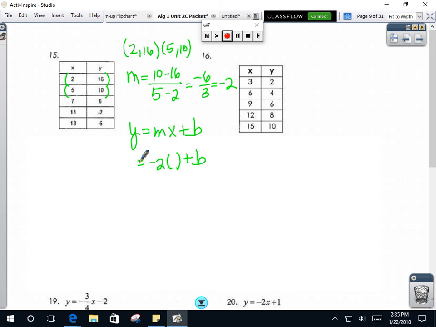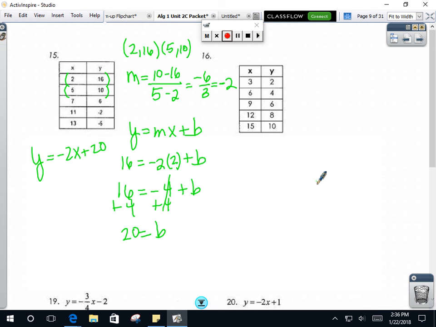What do you want to replace them with? Okay, if I pick 2 and 16, 16 is the y, 2 is the x. That becomes 16 equals negative 4 plus b. And then what do I do? Add 4, so b equals 20. So that means the equation is y equals negative 2x plus 20.